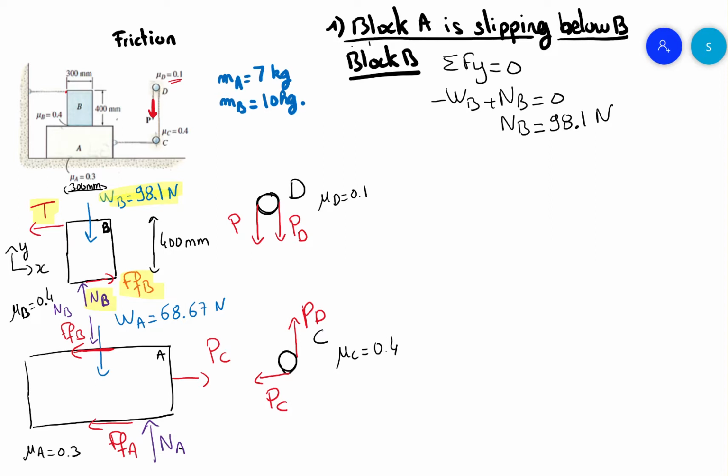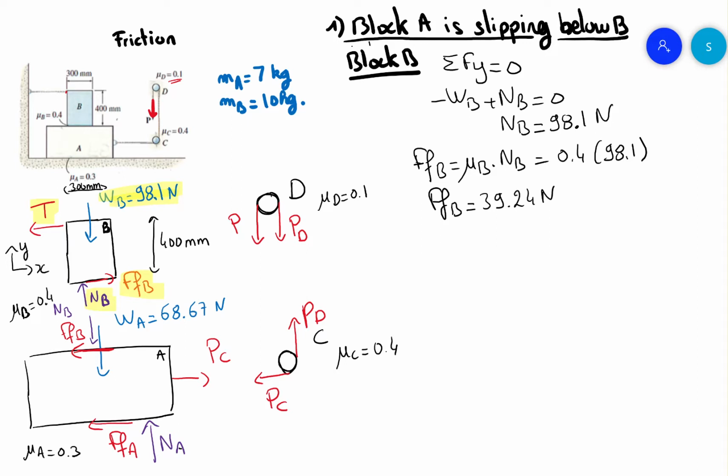Now we assume it's slipping. So we have force of friction at B, that is equal to mu B times NB. So it's equal to 0.4 times 98.1, which is 39.24 Newton.